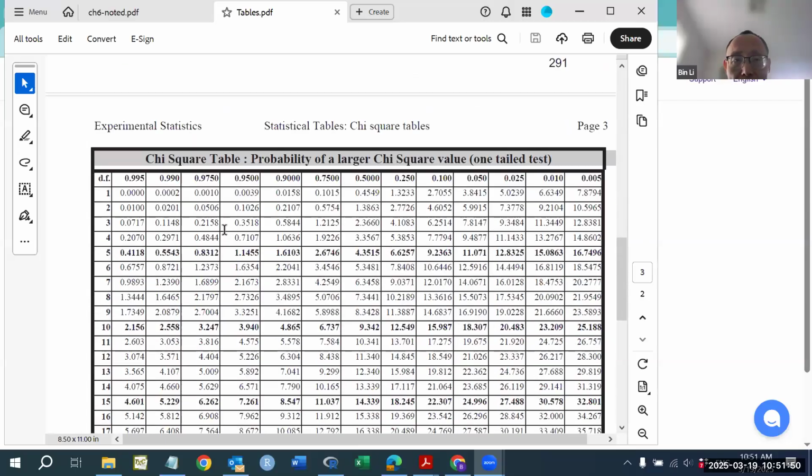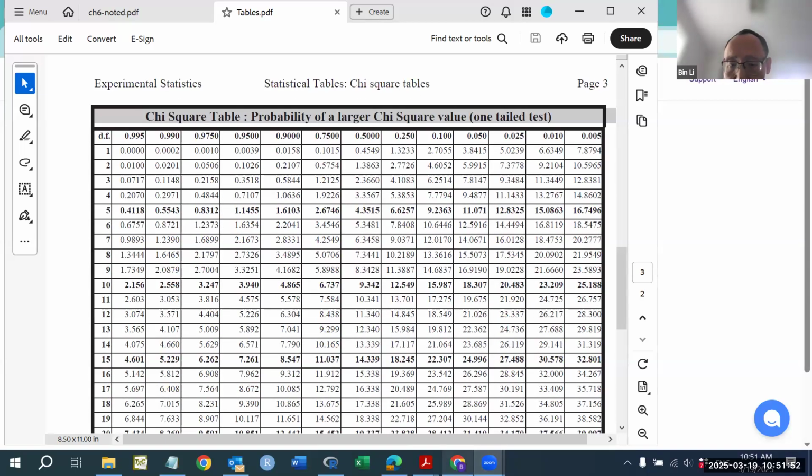I cannot. Let's see. Where's the table here? Okay. So let me share again. So you can see the table, right?